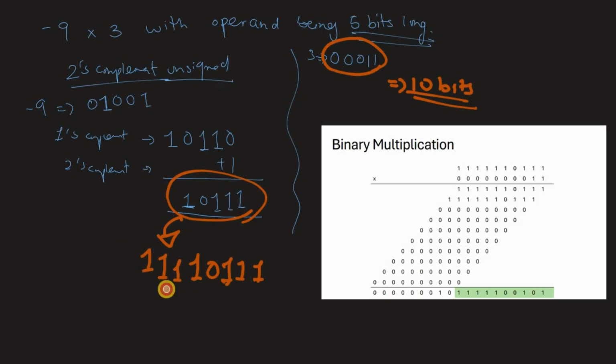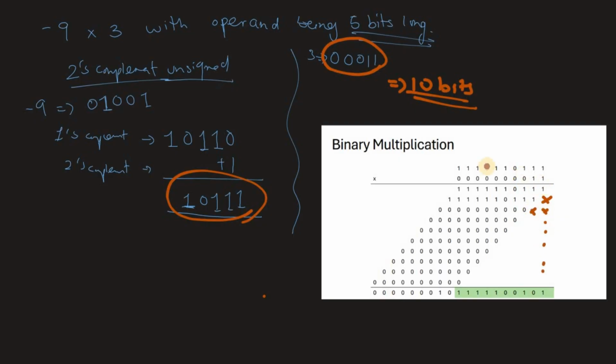You do not put zeros. This is very important. So they sign extend this number to 10 bits by adding 1's here, and then they sign extend this other number. This was a positive number, so simply adding zeros over here, and then they multiplied.